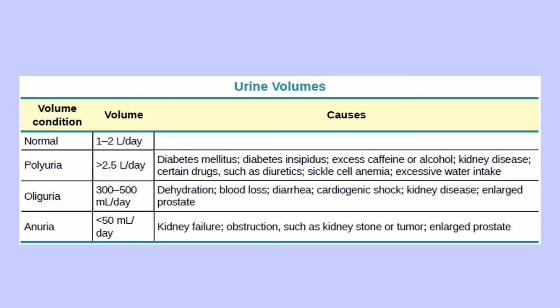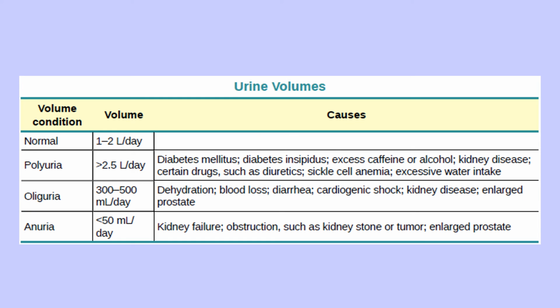If you have between 300 to 500 milliliters per day, that's oliguria, and that's an indication of dehydration. Maybe there's kidney disease going on, etc. Very, very little urine output, minimal output. You're going to be wanting to look at is there a kidney stone, something that is preventing the urine from traveling from the kidney down to the ureter?